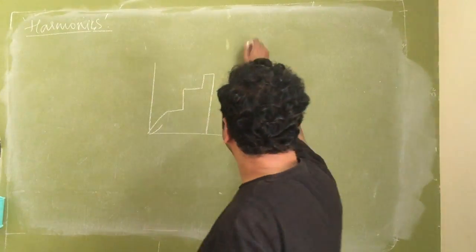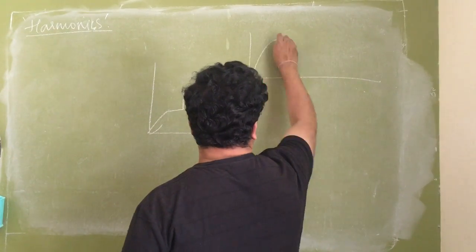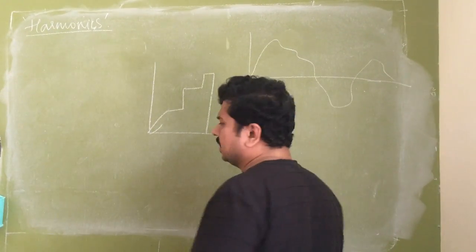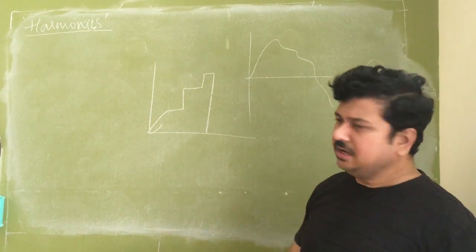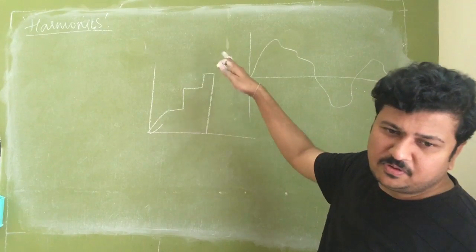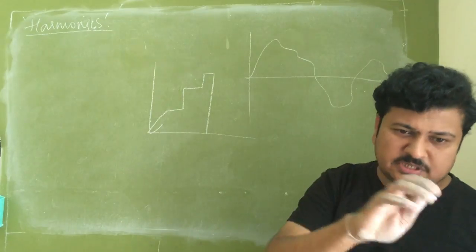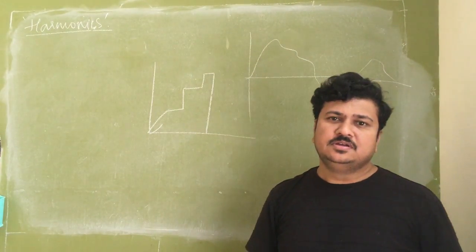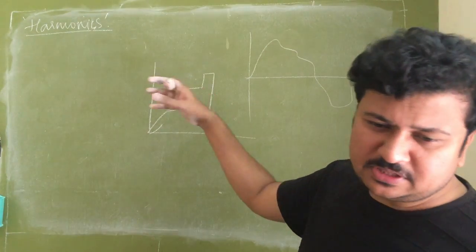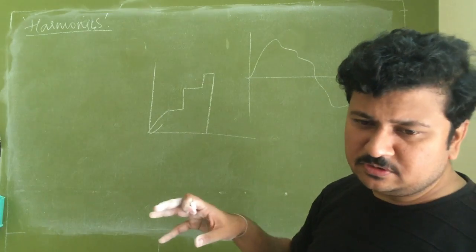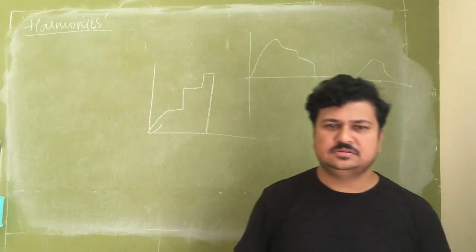Now I have some function. This is a harmonically affected waveform. But I know that this harmonically affected waveform has come from a pure sine wave. For example, in an induction motor I apply a 3-phase voltage. The 3-phase voltage I know is sinusoidal in nature.